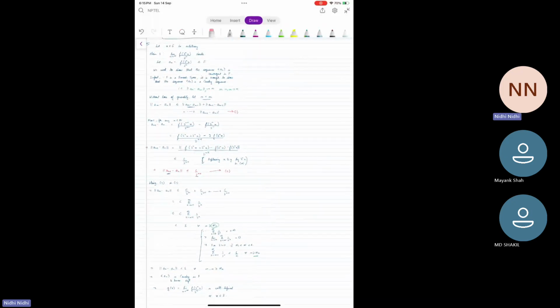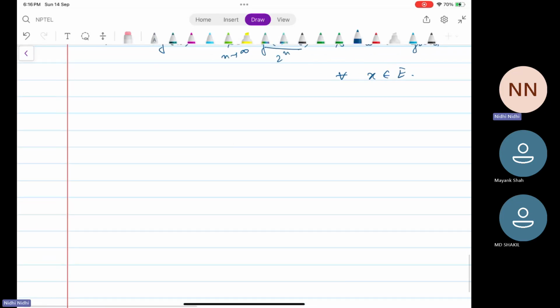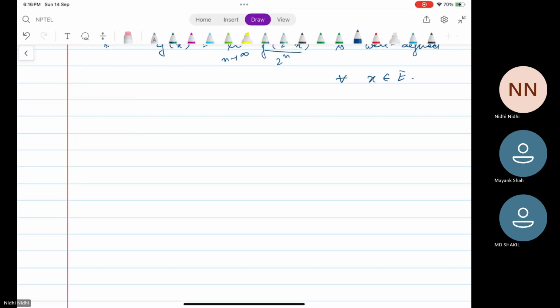Next, we need to see that this function g is in fact a continuous linear function. The linearity, I hope you can try yourself. I'll give a hint for that. Claim 2: g is linear.